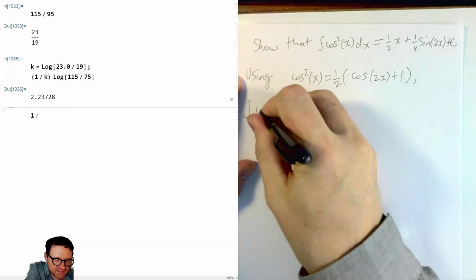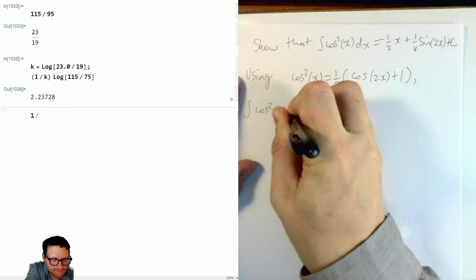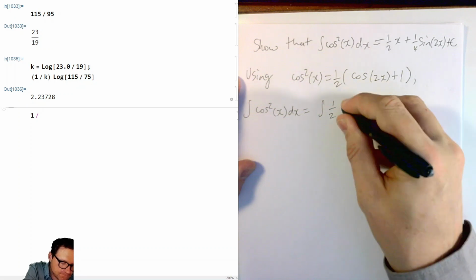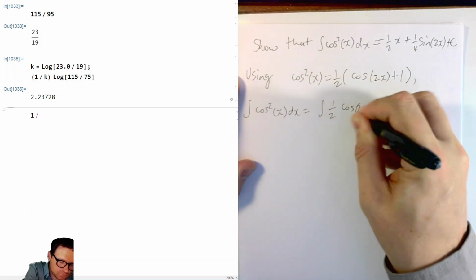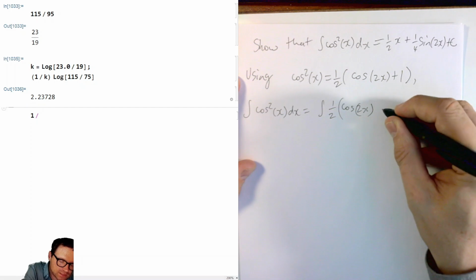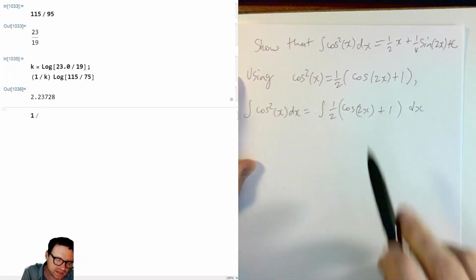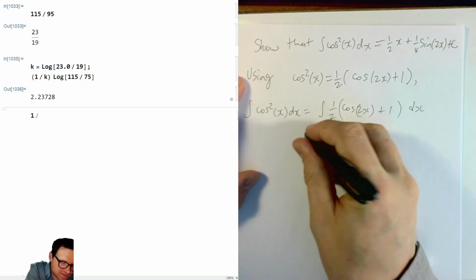So we can replace cos squared, okay, and now this is easier to do. We can break this integral up.